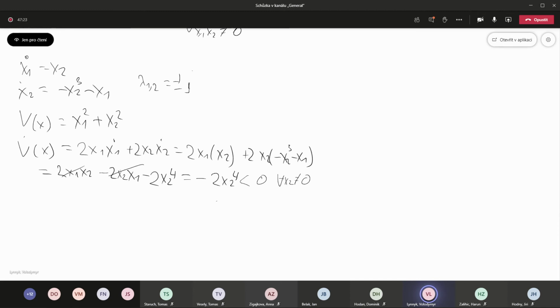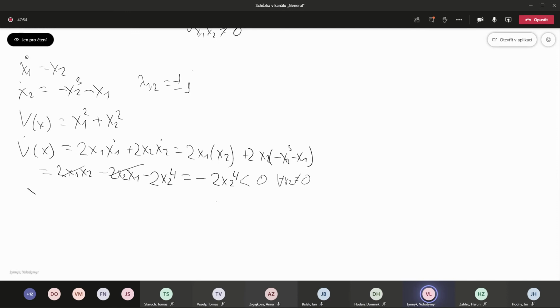We need to apply the LaSalle principle. Today Professor Cherkovsky said something about the LaSalle principle in the lecture, but I can show you how we can apply it here. This is the principle of invariance.